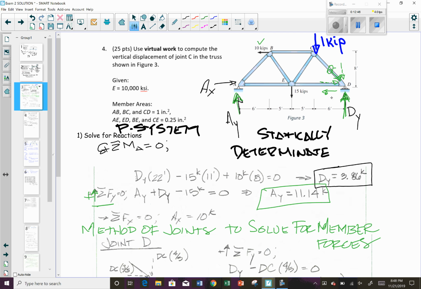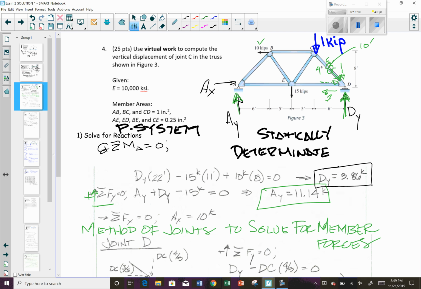And so if you recognize that this is a 6-8, that means this is a 3-4-5 triangle. So that means that this member is 10 long. Okay, so that member's 10, except you need to look over here.